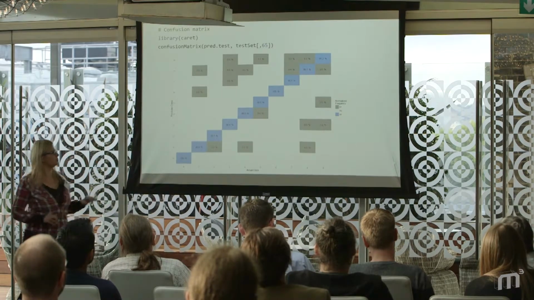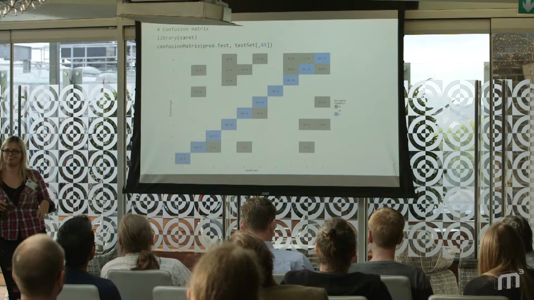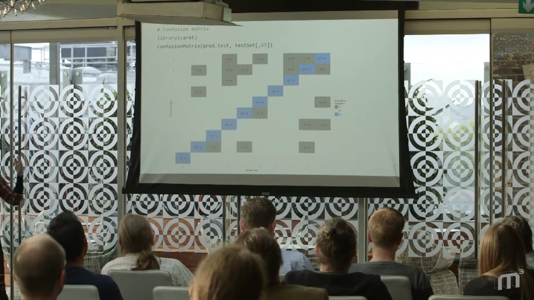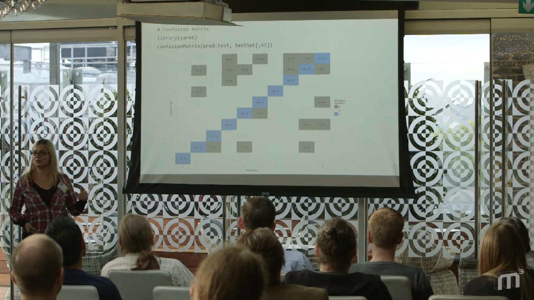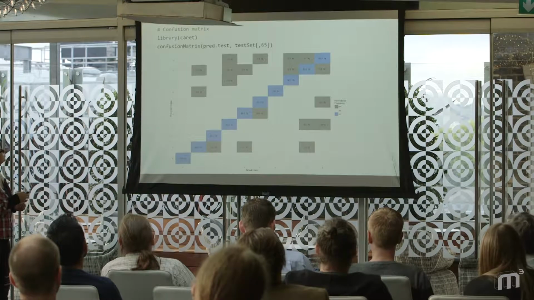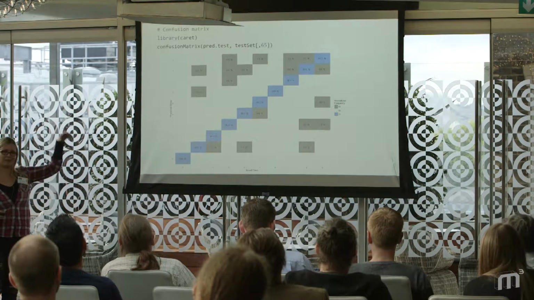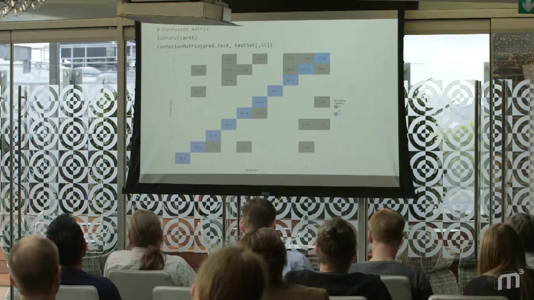Displaying and visualizing this in nice colors took me more than one line, to be honest. You can see my code in the GitHub repository. But there is a one-line function, the confusion matrix function, that will give you the same data just in text form, not in the nice visual form.